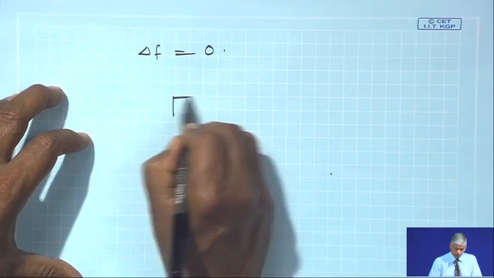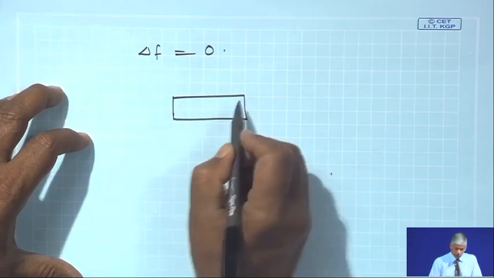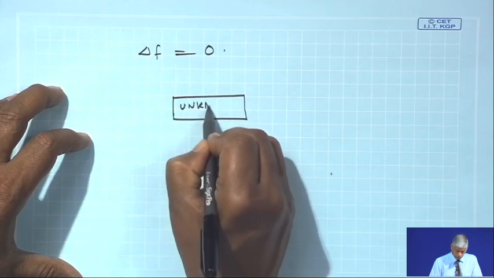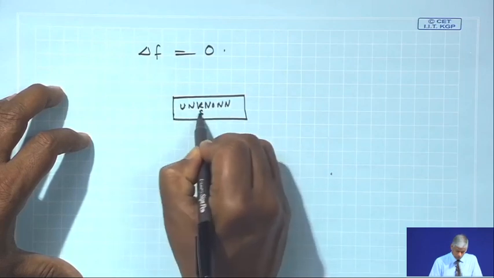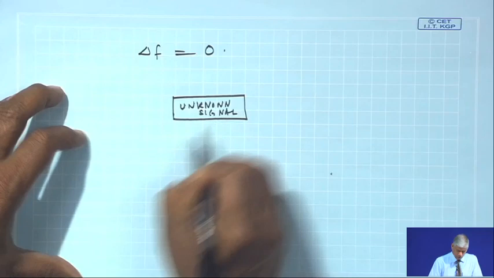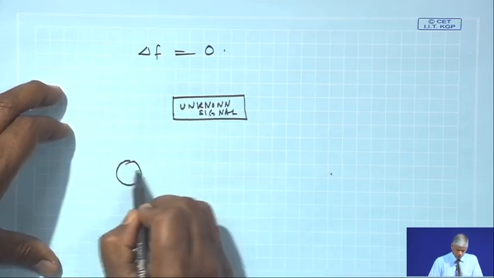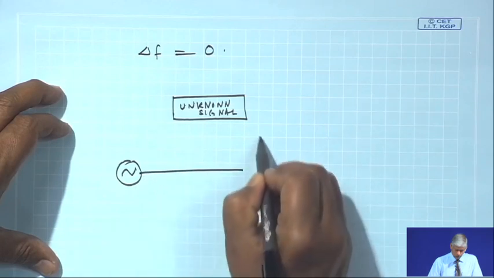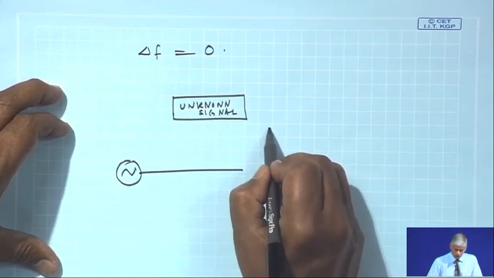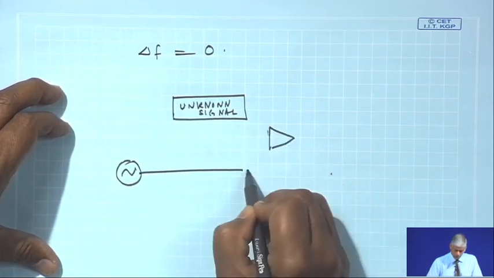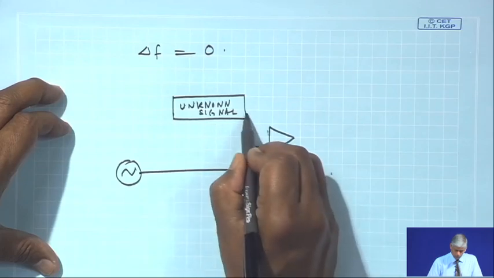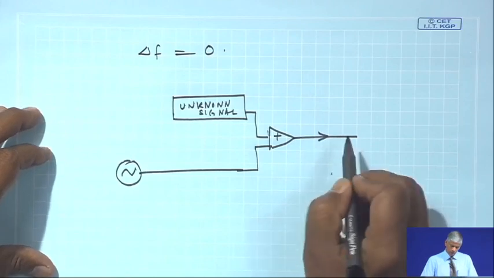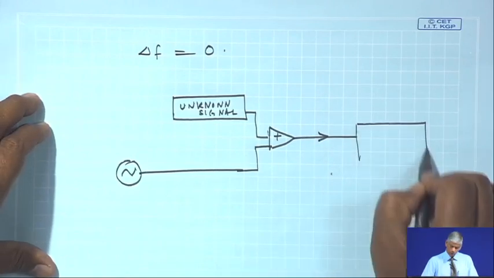So, for example, I have a very, very high frequency unknown signal. Here I will have an oscillator, and then I will sum it up, and look at the amplitude of the signal.